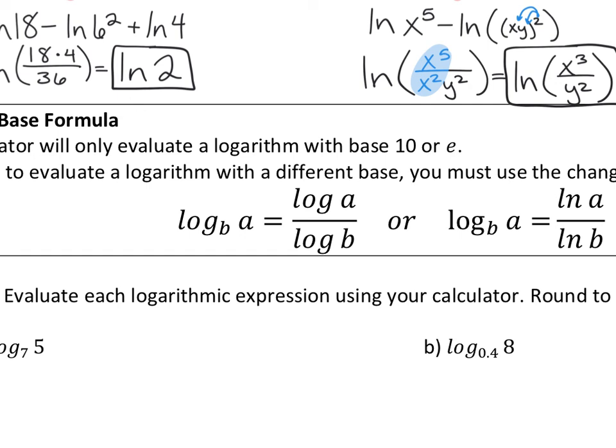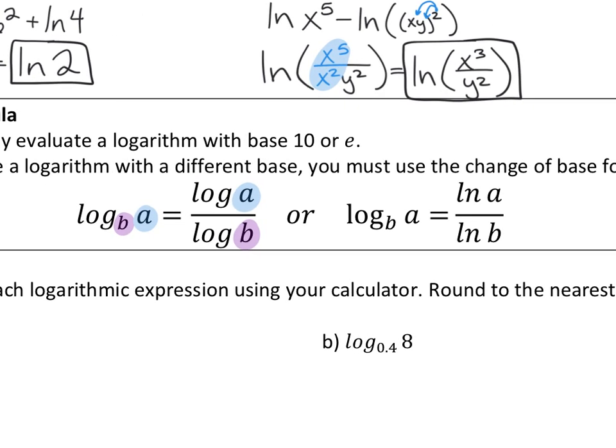Meaning, if I wanted to know the logarithm base b of a, and they weren't something I can do in my head, I could, in my calculator, make the fraction logarithm of a divided by logarithm of the base, the common logarithm, or the natural log version of that, so you can pick either the log or the natural log button when you're doing this. Either way, as long as a is over b with the same kind of logarithm, it will evaluate approximately what the number is. It won't come out to something pretty because the pretty ones you can do in your head. This will be a decimal.